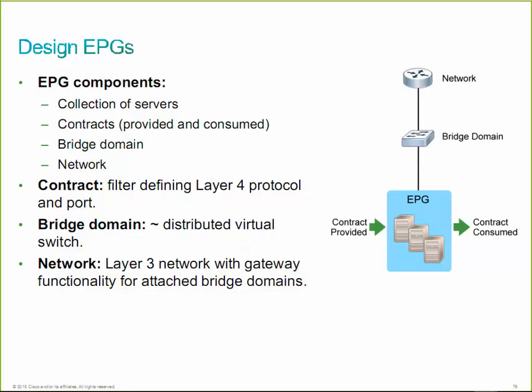So what does a contract specifically do? It gives us the ability to apply simple and complex definitions of the way that the EPG communicates with other EPGs. I don't know if you guys have ever had a chance to work with zone-based firewalls, but we create groupings of interfaces, and then we create zone pairs, which are basically groupings of interfaces that are paired together.